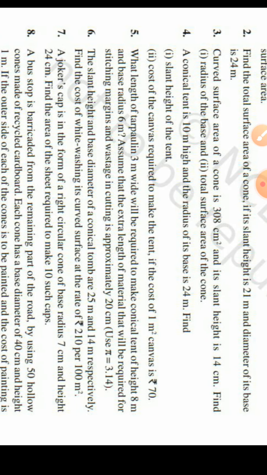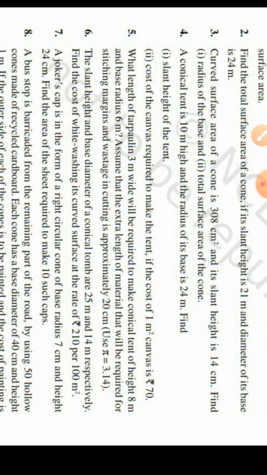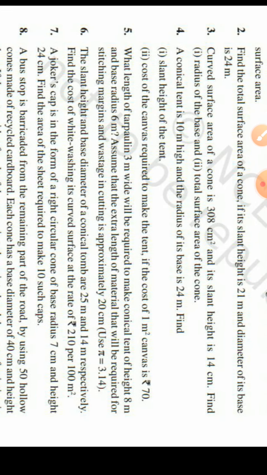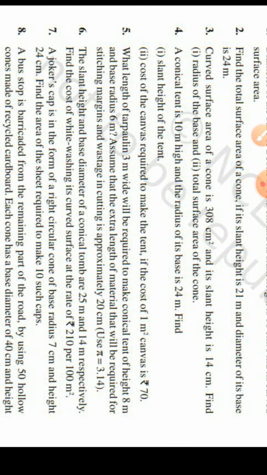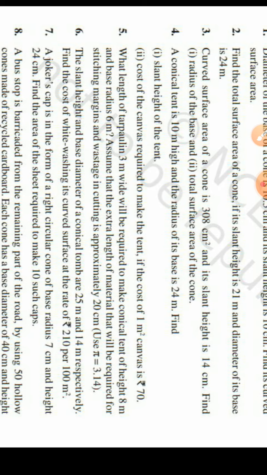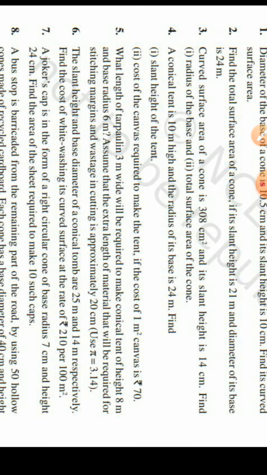Then assume that the extra length of material that will be required for stitching margin and wastage in cutting is approximately given. That is also not useful now. Now concentrate only on the height and radius given. The neglected part comes after finding the CSA of that cone, when we have to go to the market.